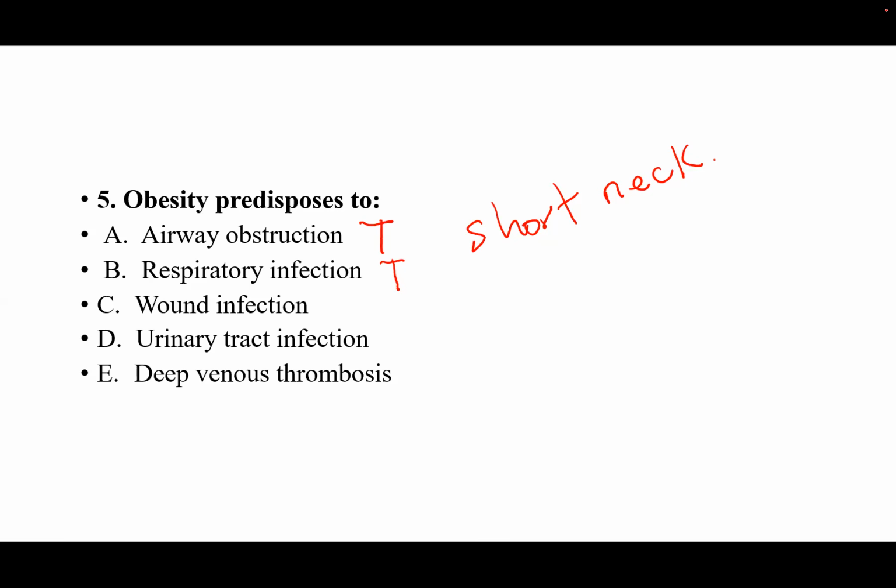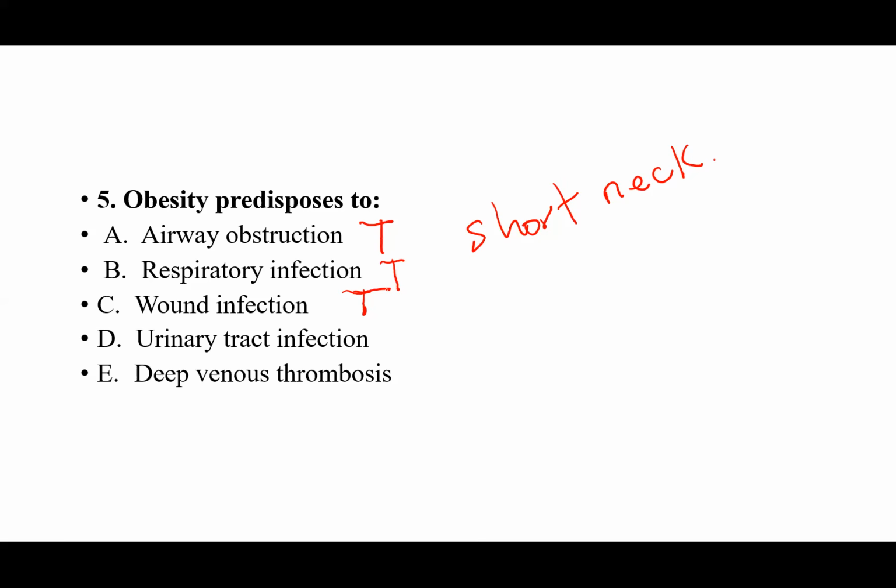Wound infection, true or false? Somebody is whispering the answer. True, sir. Why is it true? I think the fat tissues hinder wound healing, because fat tissue has decreased perfusion, so there will be decreased oxygen delivery to that wound.